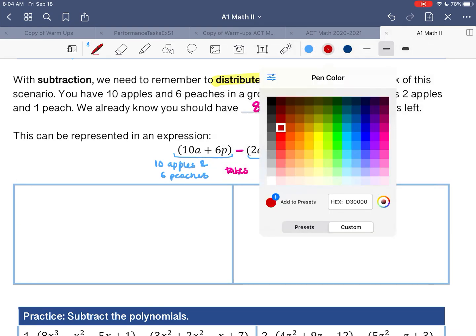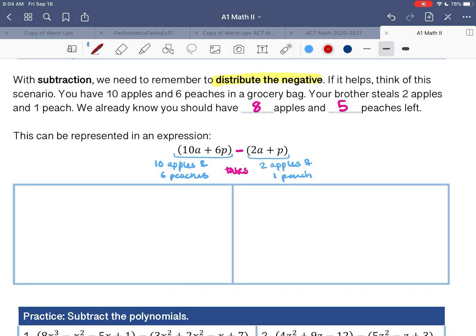let me get a red marker. If we didn't distribute that negative, we would start with 10a plus 6p minus 2a plus p. So I didn't distribute the negative, all I did was take away the parentheses in this wrong example.